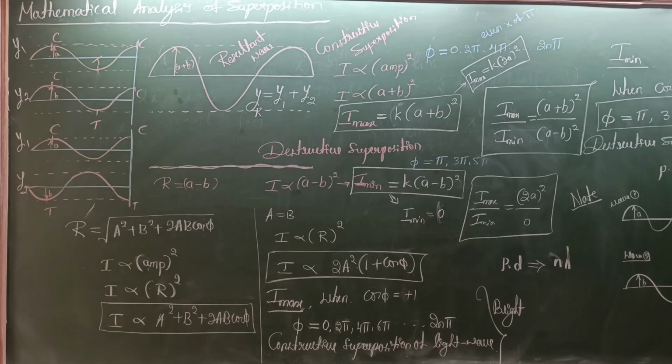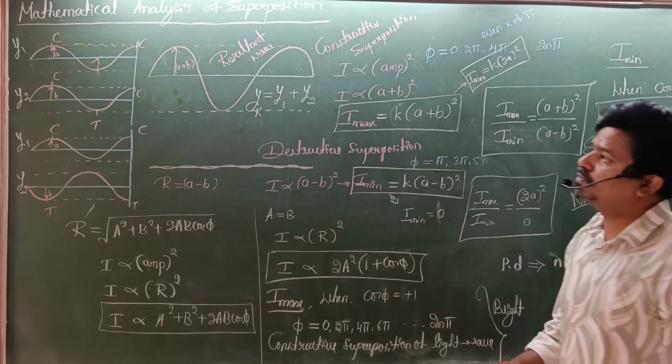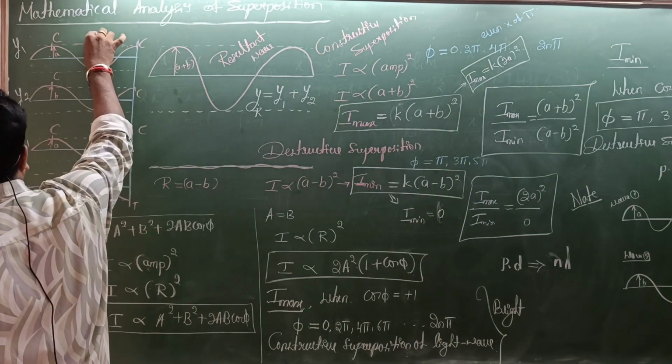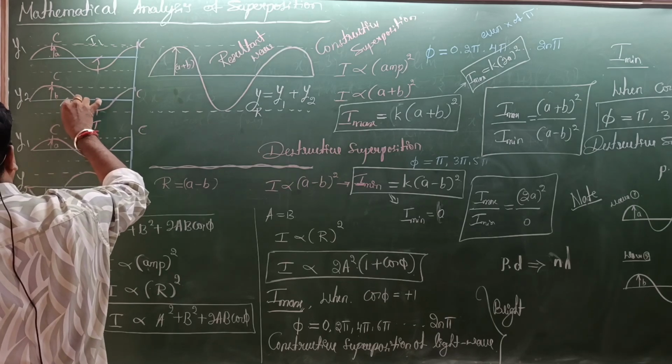Next, we can express the intensity of the resultant wave in terms of I1 and I2. Here I1 is the intensity of the first wave and I2 is the intensity of the second wave.